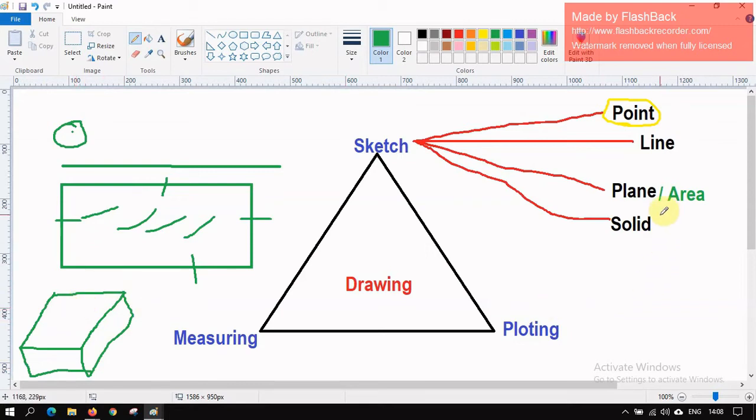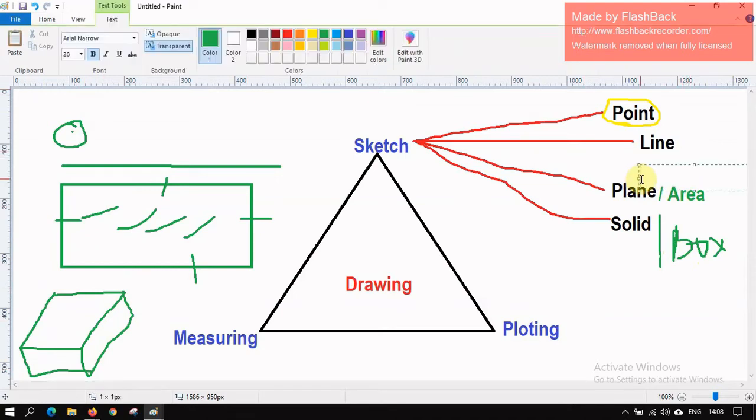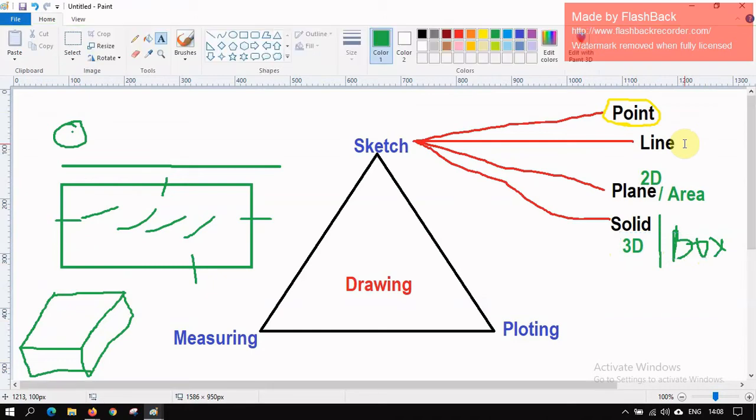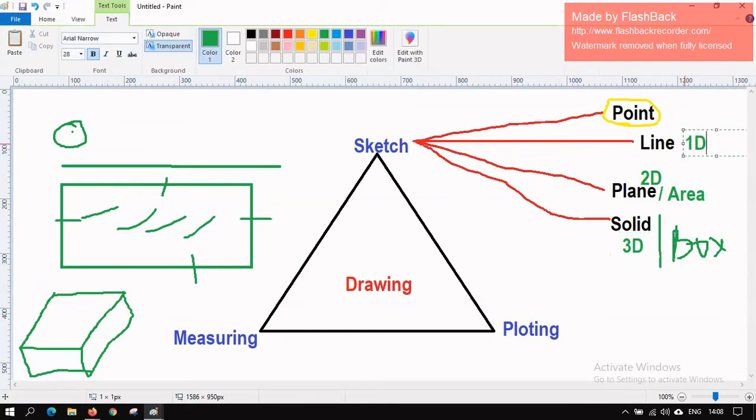That could be a box, a cube, a cuboid, a cylinder, any 3D object. Let me make this clearer to you. It is 1D, it is 2D, it is 3D.